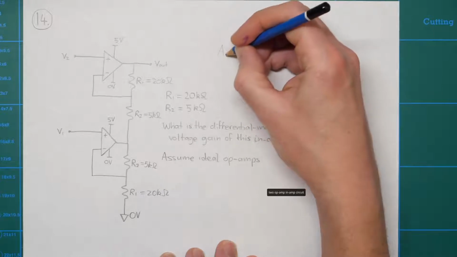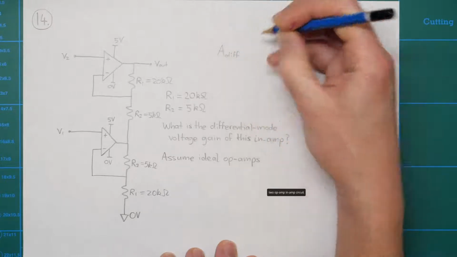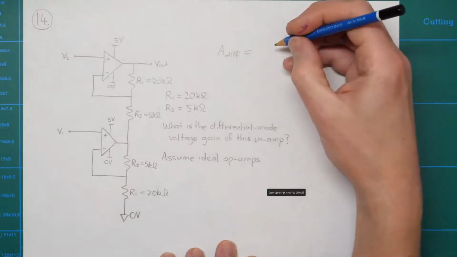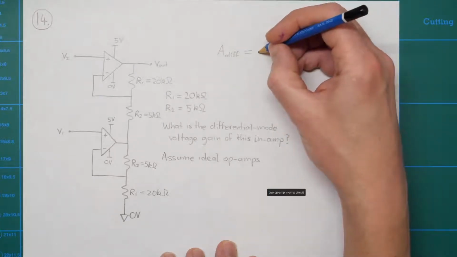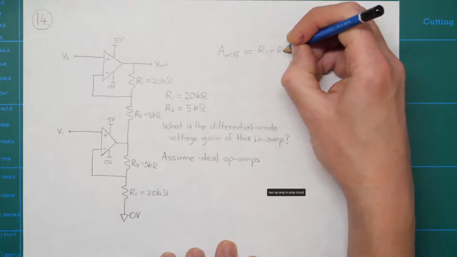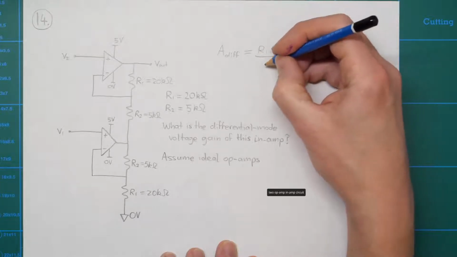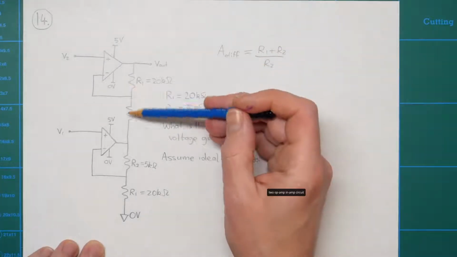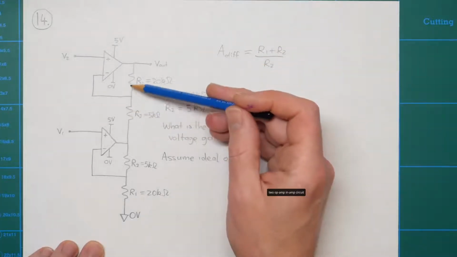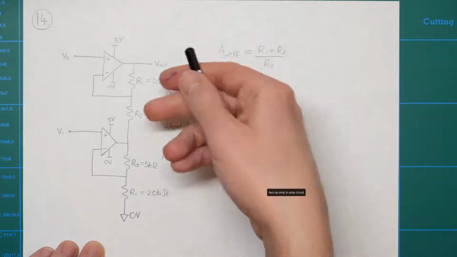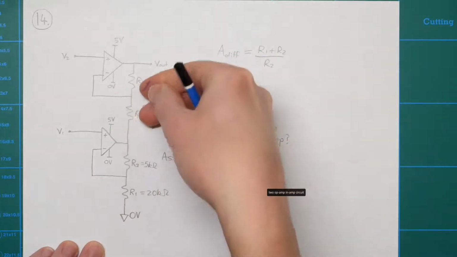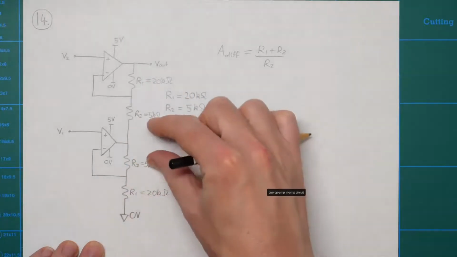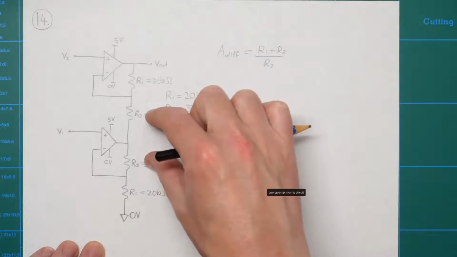A diff is normally the way I write the differential mode gain for an amplifier, and in this case it's going to be equal to R1 plus R2 over R2. Just note that, unlike the previous non-inverting op-amp questions, the R1 and R2 labels are the other way around than in the previous examples, because here they're done like a mirror image between these two match and these two match.